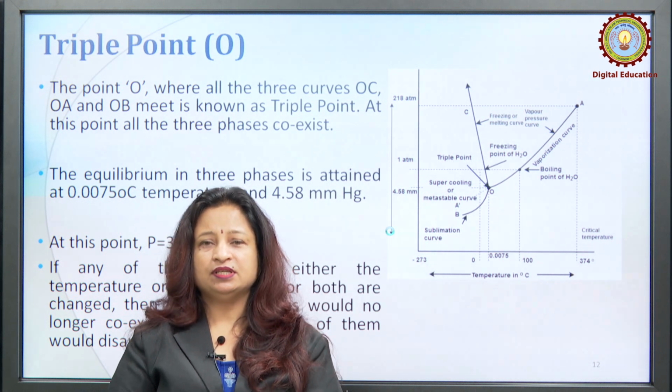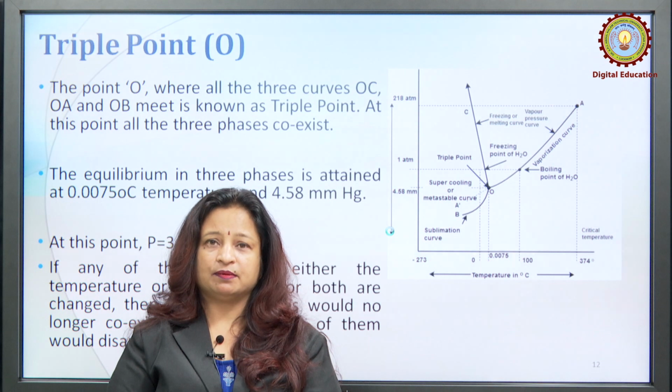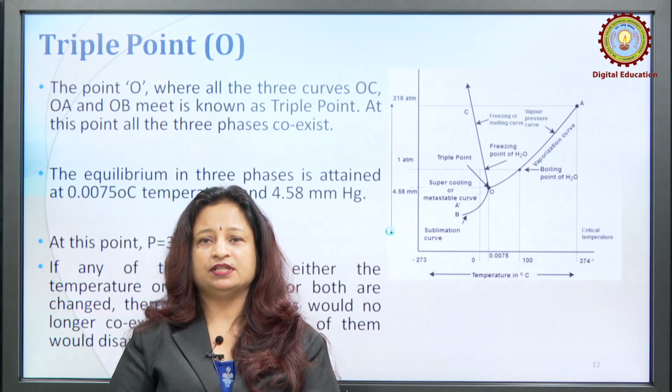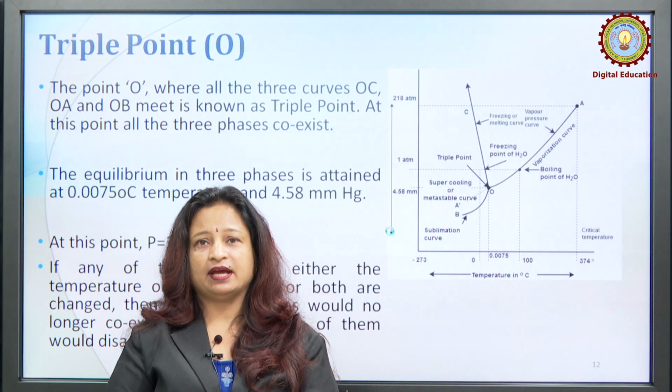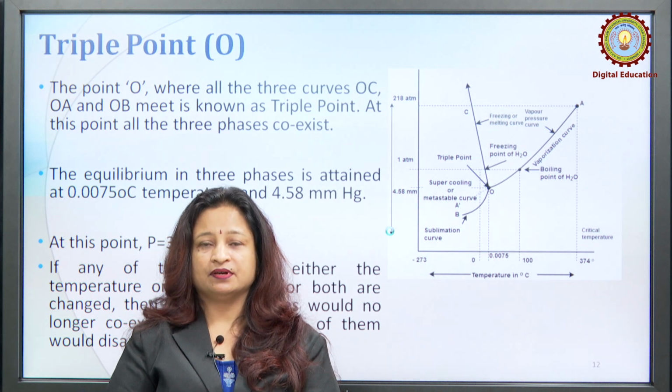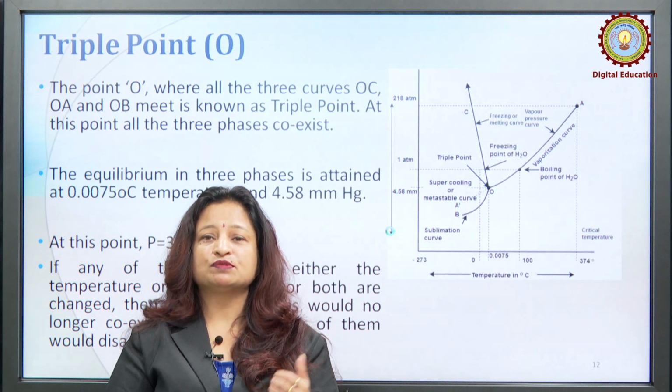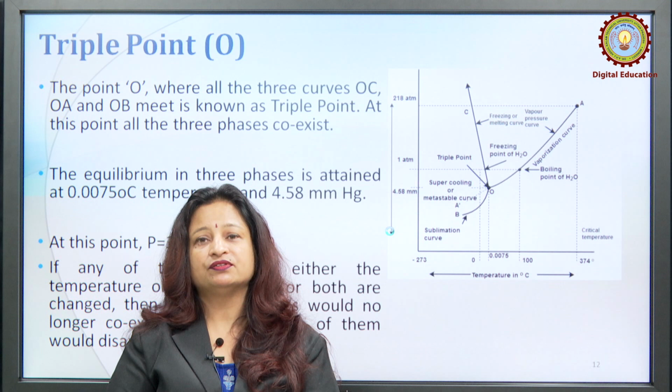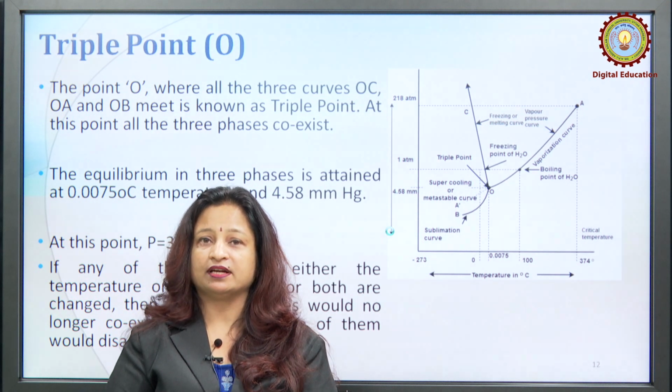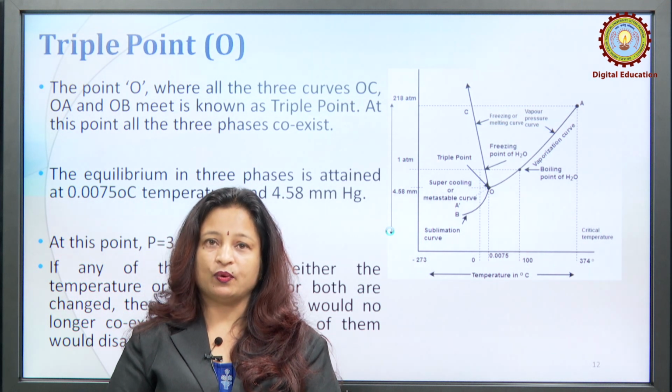Now, if you come to the triple point, at triple point you can see that all the 3 curves OC, OA and OB meet together. So, this point represents a point where 3 phases are in equilibrium with one another, all the 3 phases coexist.